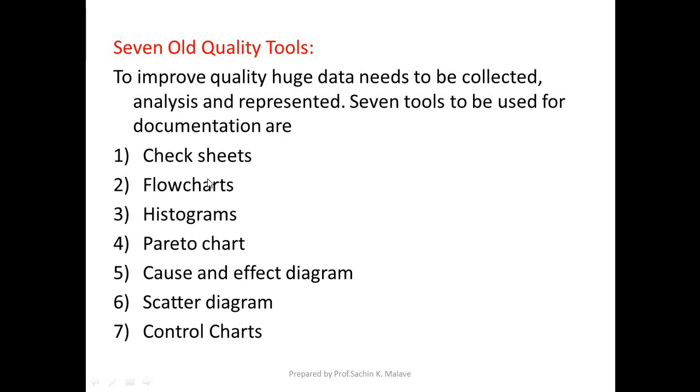Always there is one question, the last question, in which this might be asked: write a short note on check sheet or flow chart, histogram or Pareto chart, cause and effect diagram, scatter diagram, control charts. So you have to study this in detail, and this is the favorite question of the students. Okay, so we'll stop here.